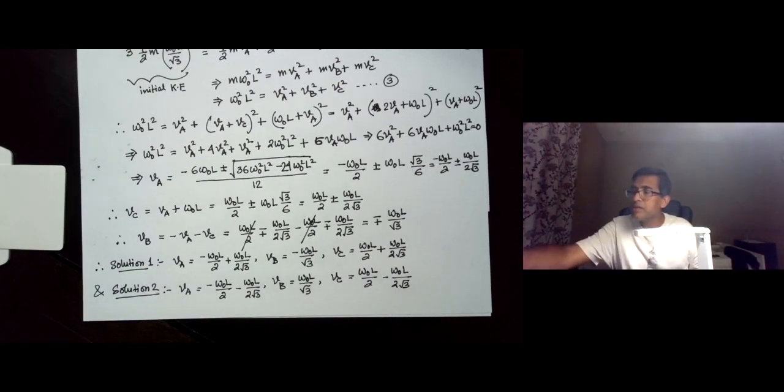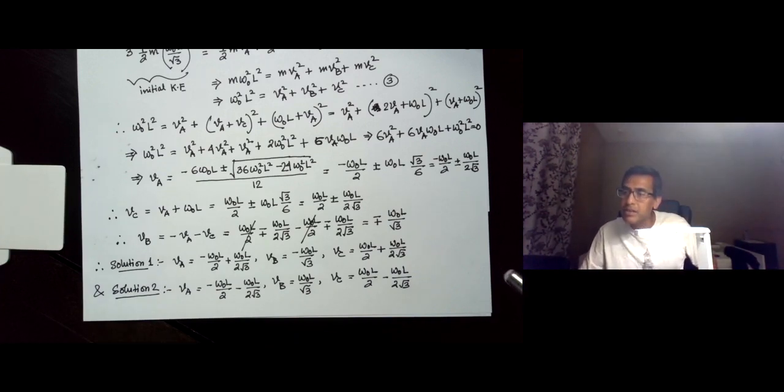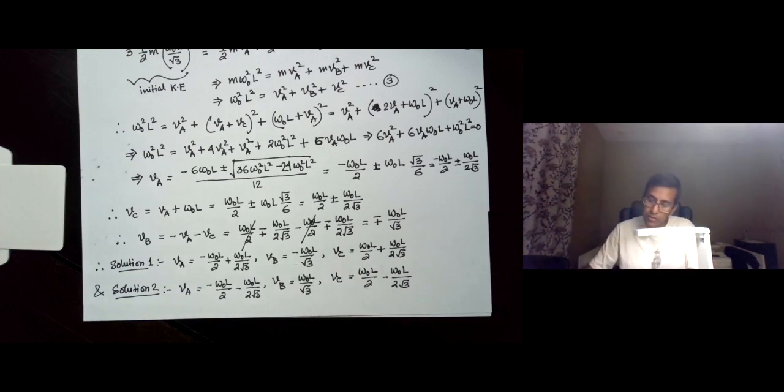Let me just quickly check to see my answers are consistent with what I had initially. So if it is negative, then this is that and this is that, and if it is the minus, then I have the negative and I have the positive. Yeah, so these are the two solutions.